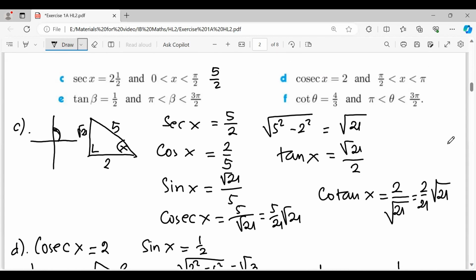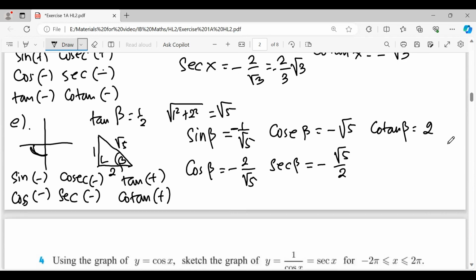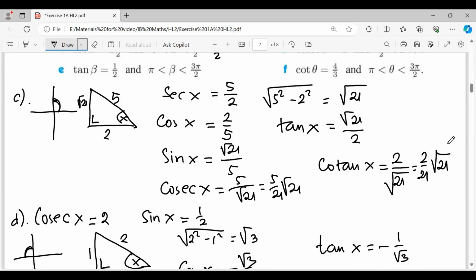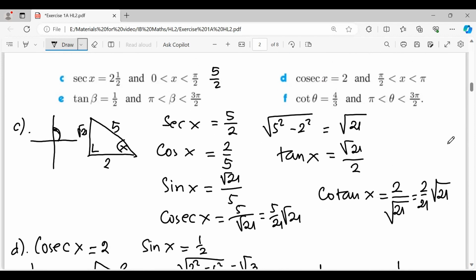Okay. F. Oh, number 4, I'm going to clean this area first because I need this area for this one.